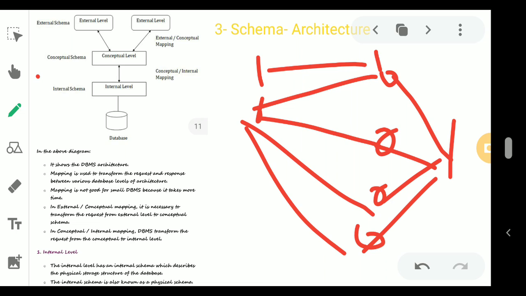Take the example of a switchboard. To switch on the fan or the light, we only need to press the switch. Do we need to know what mechanism is going on behind the switchboard? No, we don't bother. Whenever we want the fan, we just switch it on.